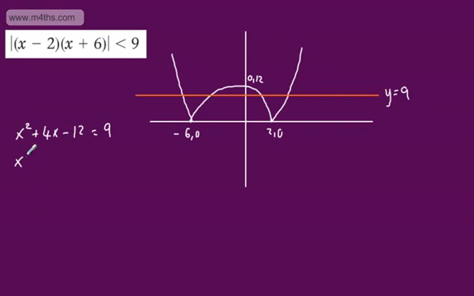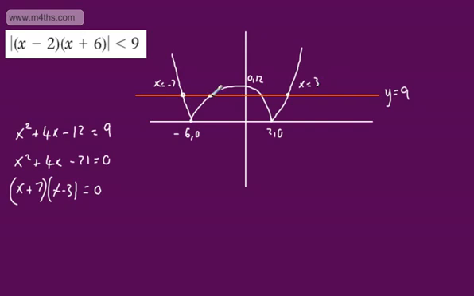Rearranging, we're going to have x squared plus 4x minus 21 is equal to 0. That looks like it'll factor: x plus 7, and then x minus 3. So we can say now that this point where the parabola is positive, this point right here is going to be where x is equal to minus 7, that's that one just there, and this one right here is when x is equal to positive 3.